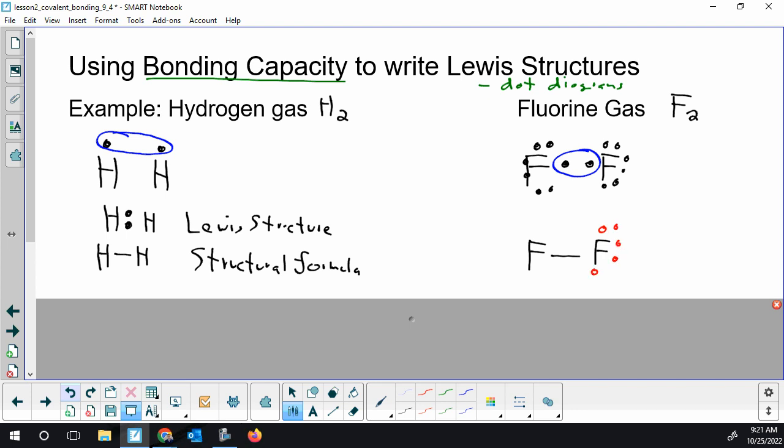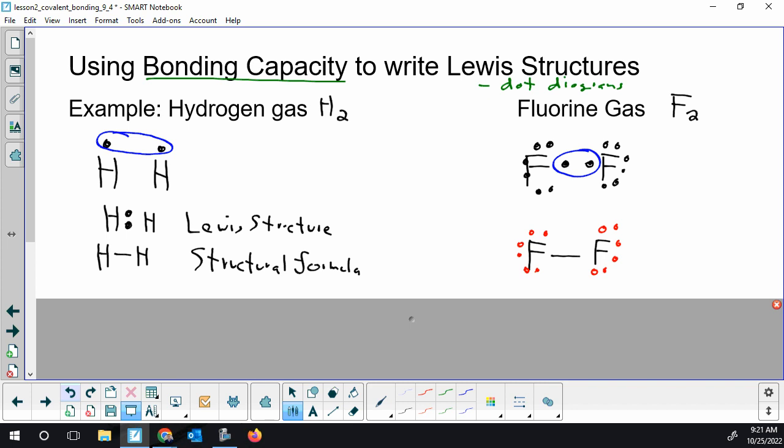So we encourage you to draw them, even though you're not supposed to, because you have to realize them to get the right shape. So I put them in a different color, because technically they're not there in structural diagrams. But I'm saying to you, write them in the structural in this unit, so you don't make mistakes, so you'll correctly identify something like water is bent, and then you'll drop them when you move on to Chem 30.